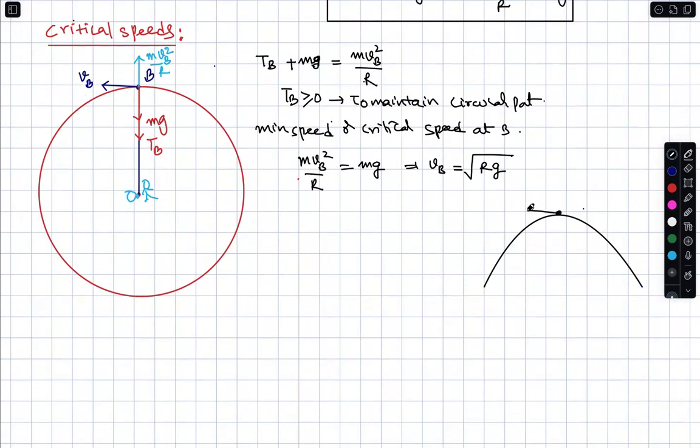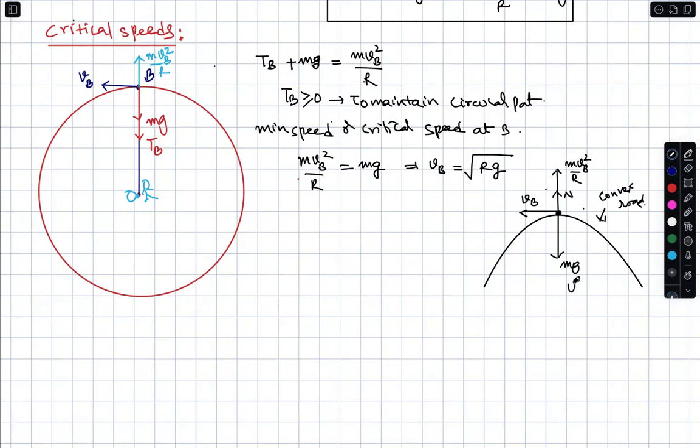If you are moving with velocity vB, even on such roads, this is called a convex road.